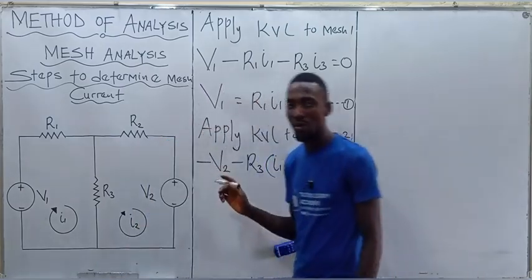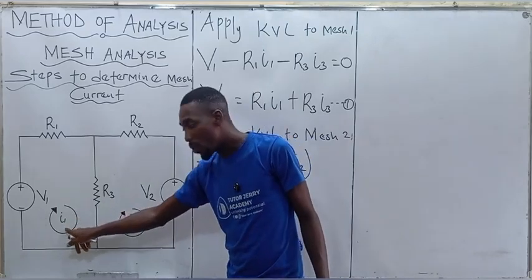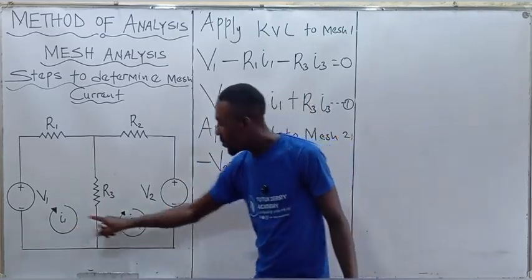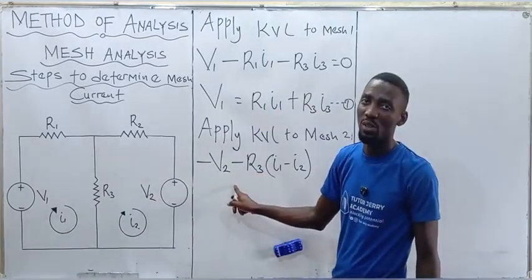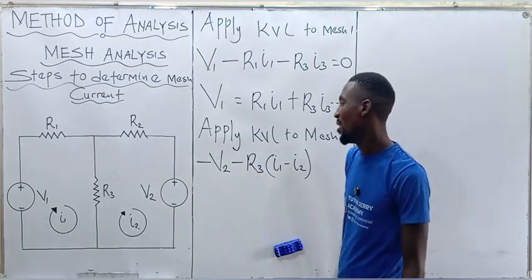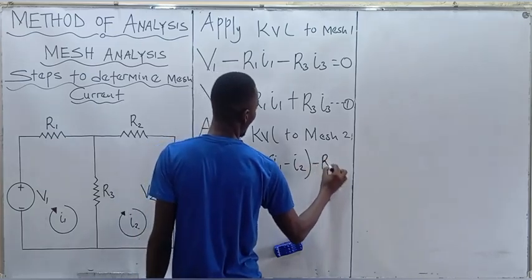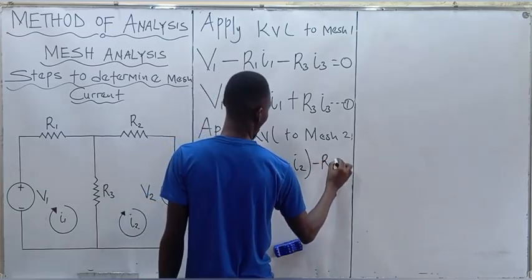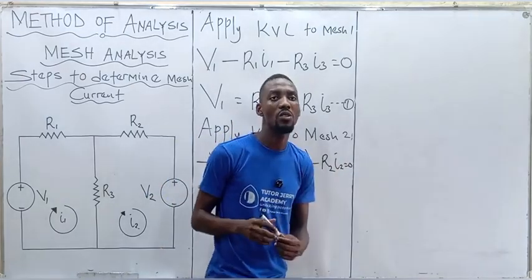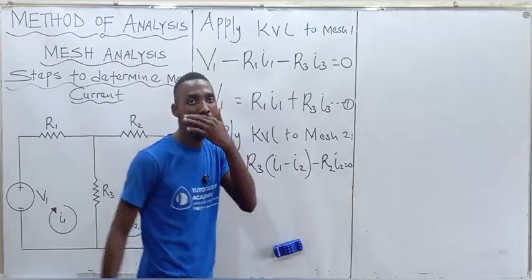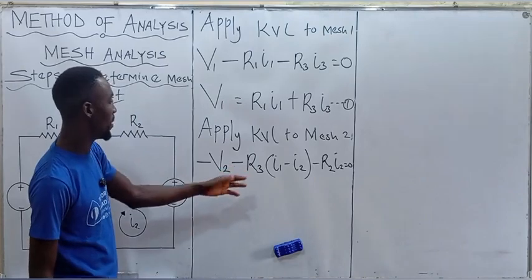But in some textbooks or in some places, you can see it as I2 minus I1. If it is I2 minus I1, definitely this is going to be considered as positive. Is that clear? All right. So here we are having minus R2 I2. Everything will be equal to 0. Now the next thing is we can open the bracket.